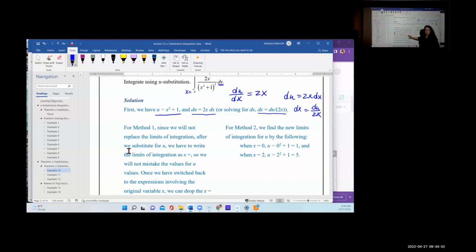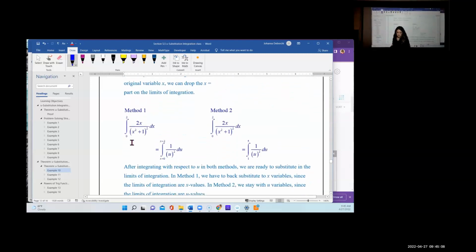It's no longer optional, it's mandatory because the differential has changed to du. If you don't put x equal, you'll make the mistake of thinking they're u values and they're not, they're x values. Once we switch back to the original variable x in the antiderivative, then you can drop the x equal since we'll be back to x.